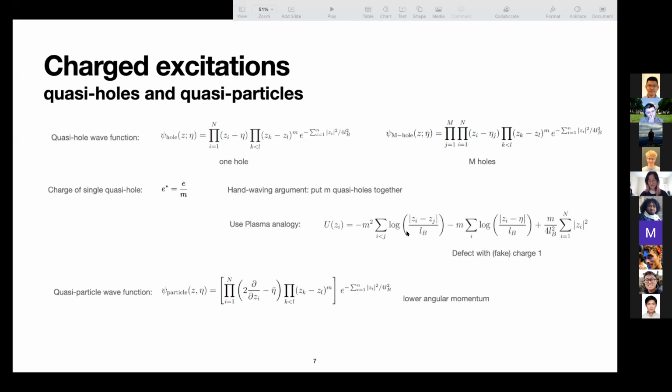But notice that in this plasma analogy, the charge of the particle is actually m. So I only need 1/m of the charge density. But the particle actually has physical charge E. So that means the charge of the quasi-hole is 1/m times the physical charge.